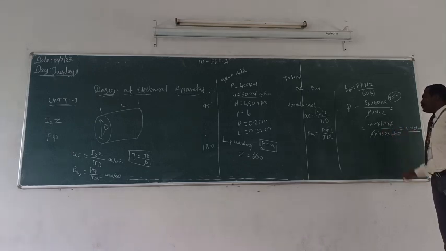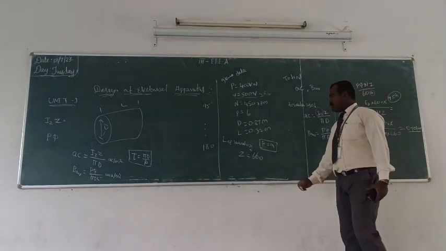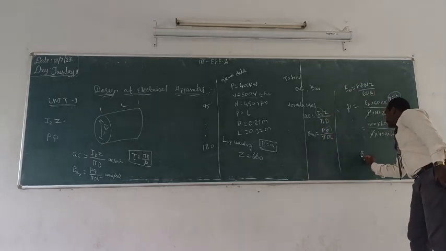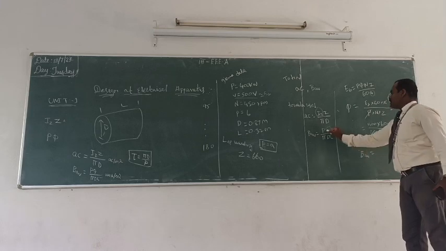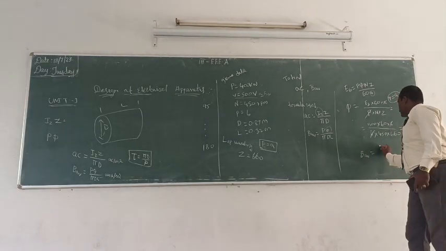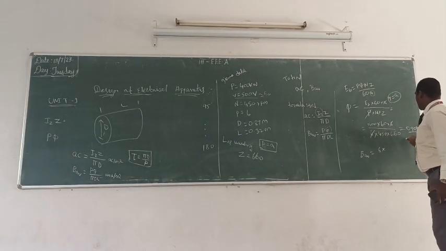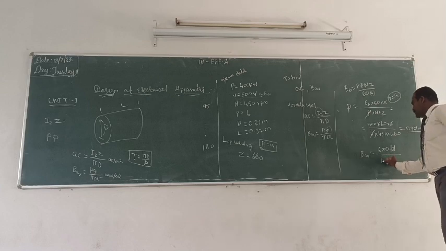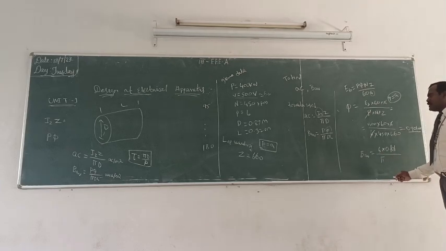Now you have obtained the pi value, so you can substitute it here. That is the BAV. It should be equal to P, the number of poles, 6, into the value you obtained, 0.01, divided by pi, the constant, which you can directly use.